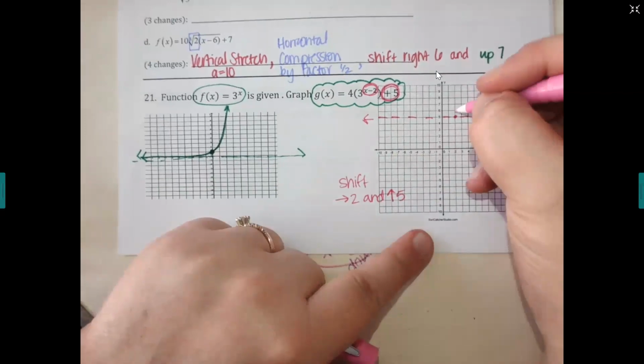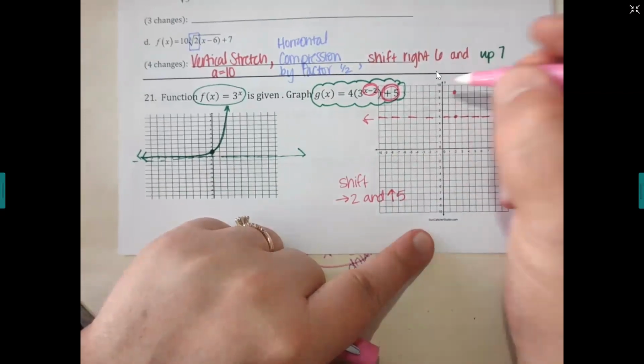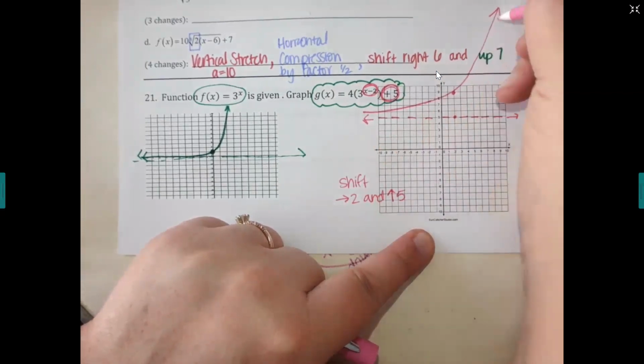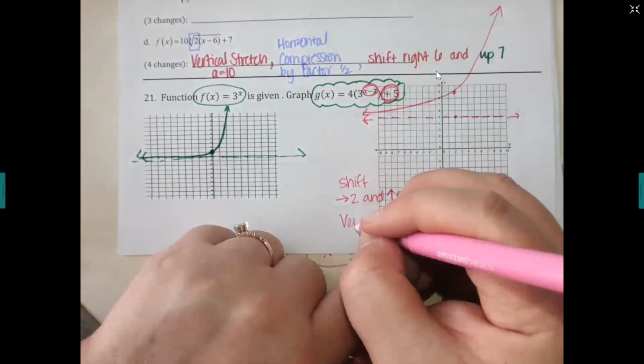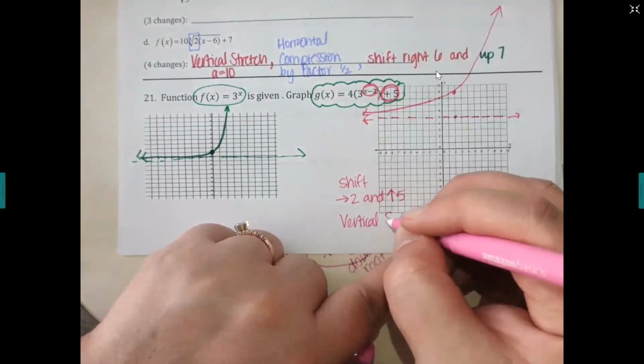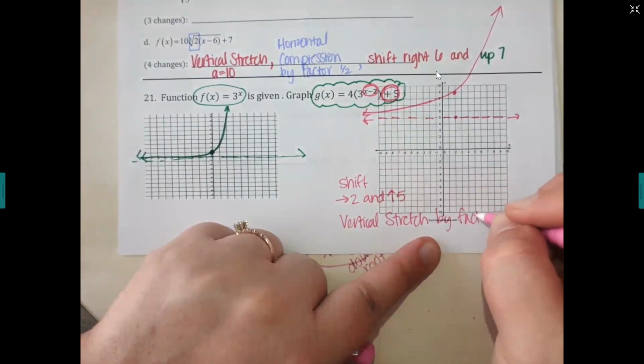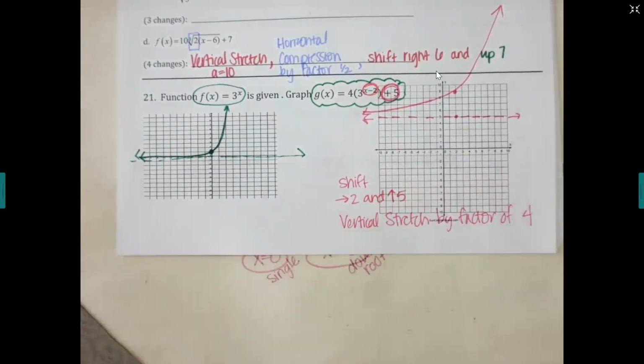So I'm gonna count up 1, 2, 3, 4. And then I'm gonna draw basically the same shape. But it's gonna have a vertical stretch of 4. Okay, and the way it's phrased on your exam is it's a vertical stretch by a factor of 4. Okay, but it's gonna take that distance of 1 box and stretch it to where now it's 4 boxes away. Okay, do you kind of feel like you can do that?